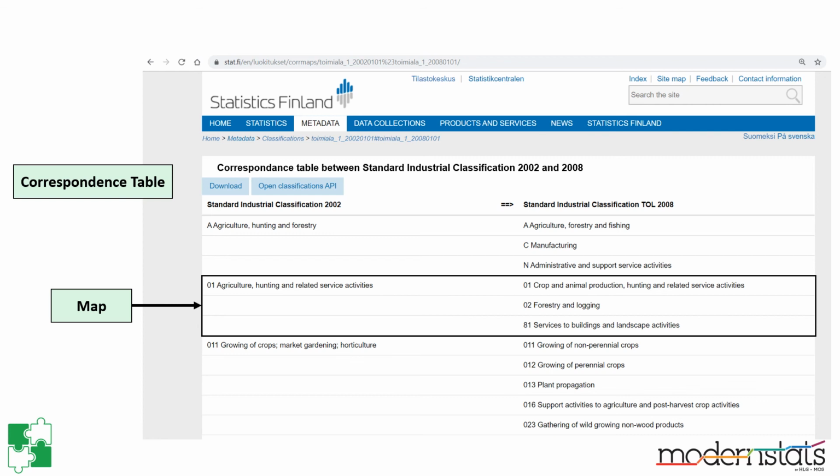If you take one segment out of it, you form a map of 01 agriculture, hunting, and related service activities, and then you map 01 crop and animal production, hunting, and related service activities, forestry and logging, and services to buildings and landscape activities. The map combines these two classification items from different classifications into one map, which makes it a lot easier to compare these classifications over time. So this is really important stuff for researchers and for customers wanting to know how things have changed over time, also for statisticians.